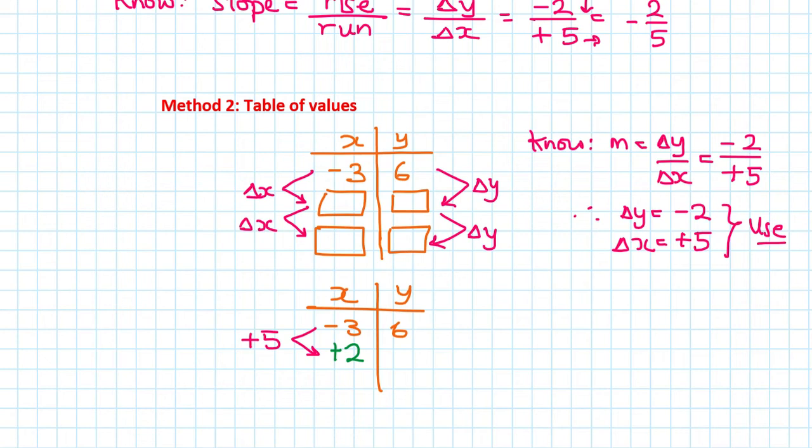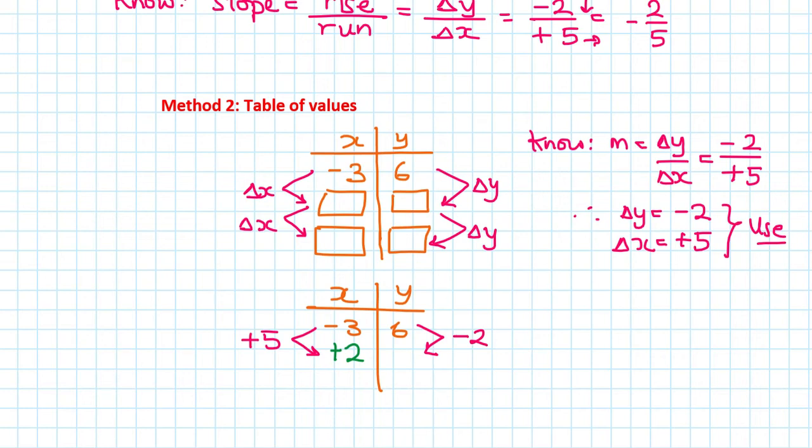However, for our change in y, which is starting from the point 6, we are going to move 2 steps backwards. So you're going -2, and that means that it will be 6 minus 2, which will give us 4.